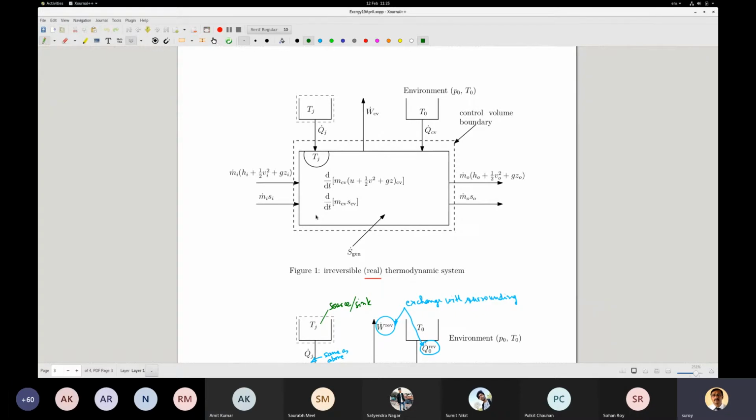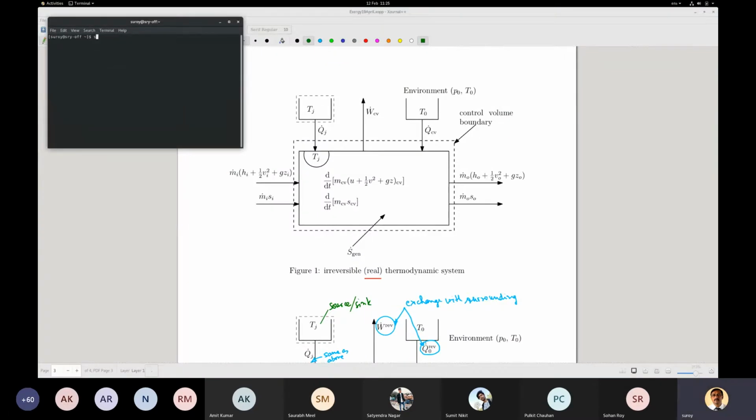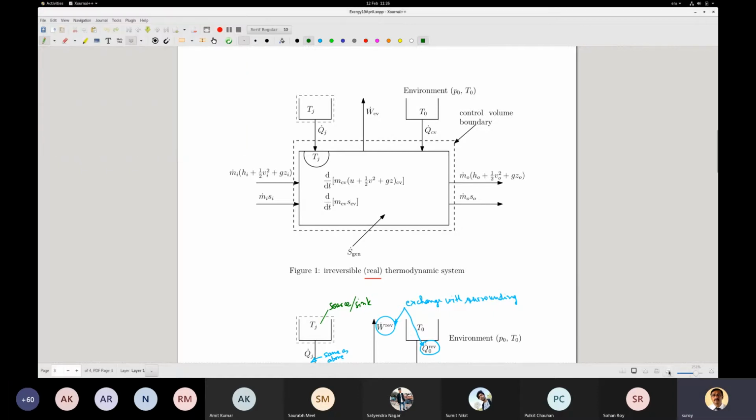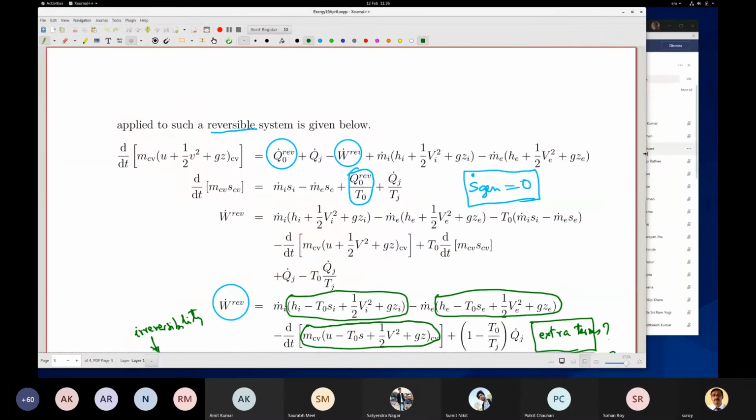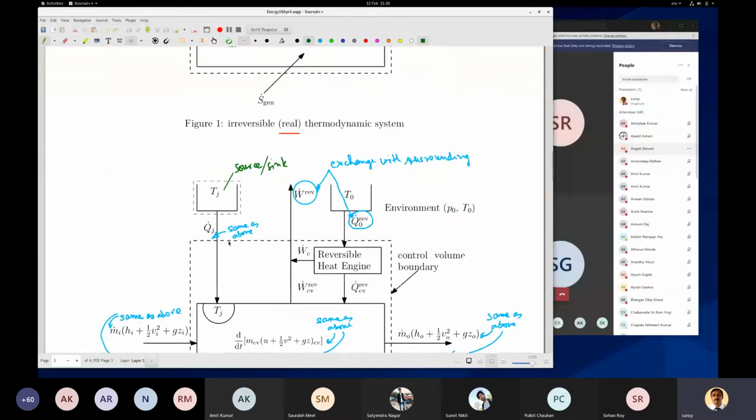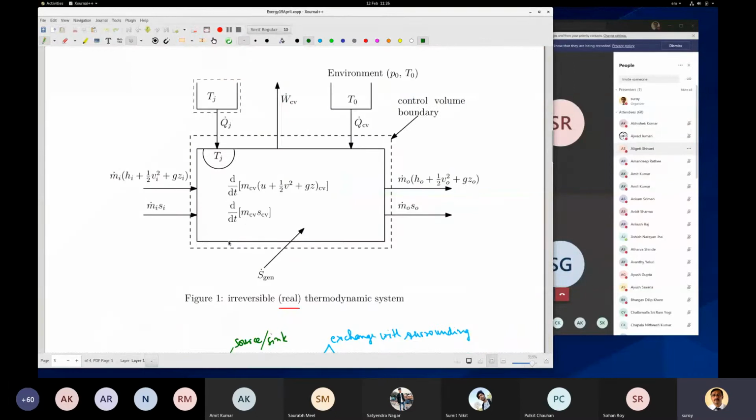First law and second law. So as we know, this is the change in energy inside the control volume.